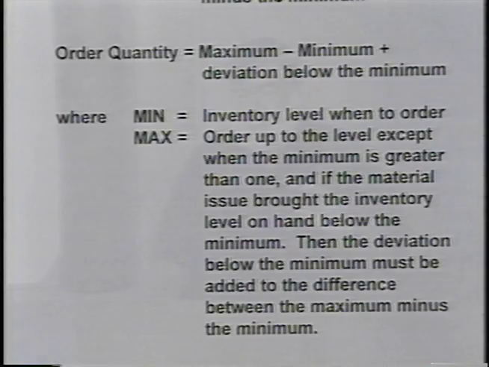Now, this brings us to a point where I would like to merely indicate the integration of the storeroom to the inventory system. Number 1, we have a yield factor to consider. The storeroom physically disposes of that material. Secondly, we have an order point system.